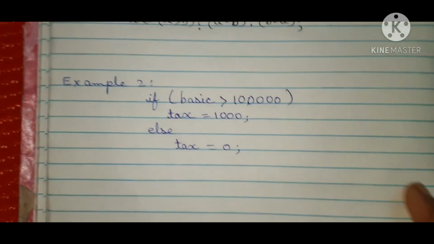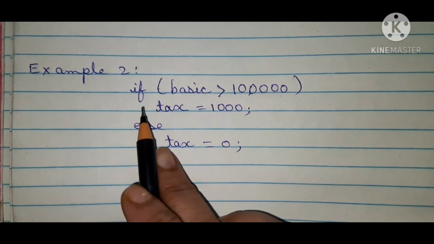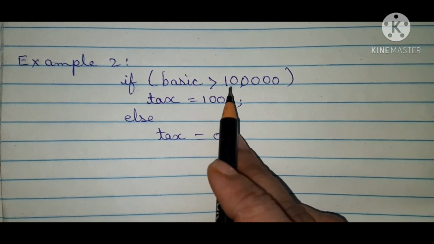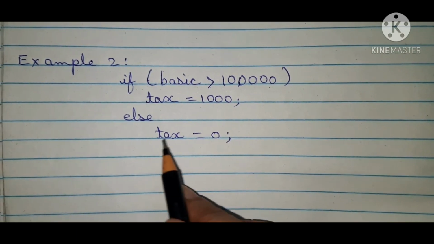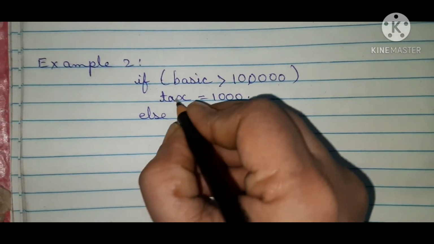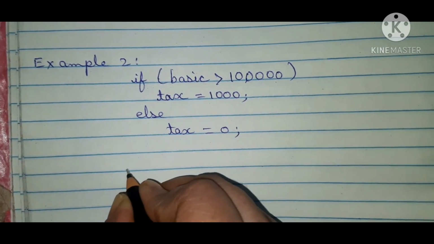Let's see the next example, example 2. If basic is greater than 1 lakh, then tax is equal to 1000, else tax equal to 0. Here we are going to store the value in tax.